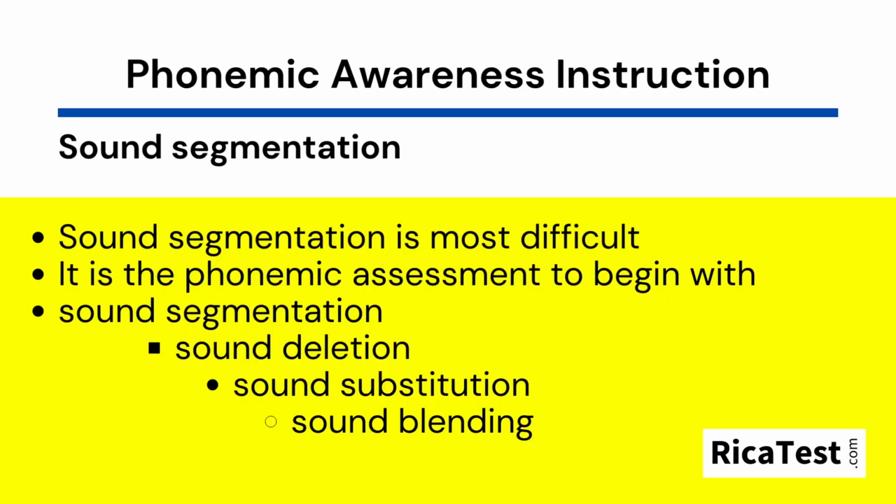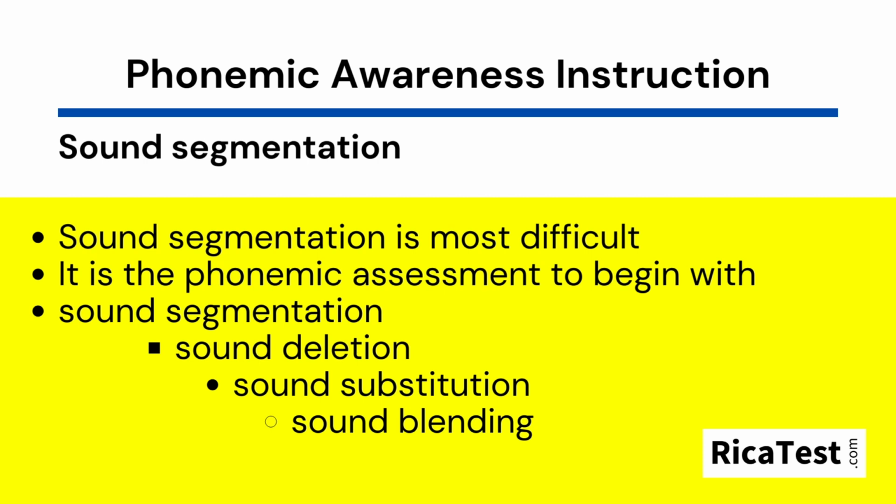Sound segmentation is the most difficult of the phonemic awareness tasks for the students to complete. It is also the assessment that teachers begin with while assessing students' phonemic awareness skills, exactly because it is the most challenging for the student. This means that if a student can successfully complete sound segmentation, they can complete all of the other phonemic and phonological tasks.